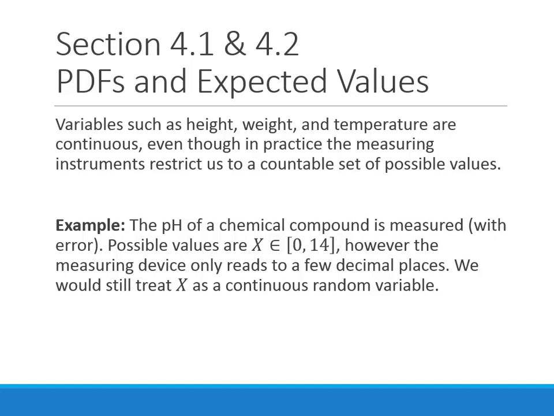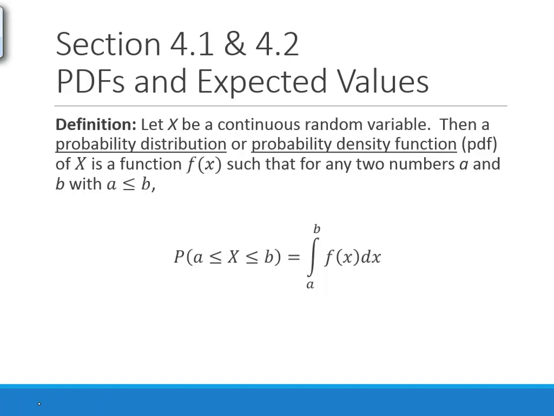So again, continuous random variables often correspond to things that are measured. We can talk about the exact same things that we talked about before, so things in this chapter should feel familiar as we make the transition from discrete to continuous random variables. There we talked about probability mass functions, PMFs, and CDFs. Here we're going to introduce some new terminology, but the same idea.